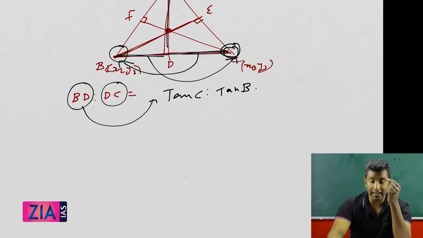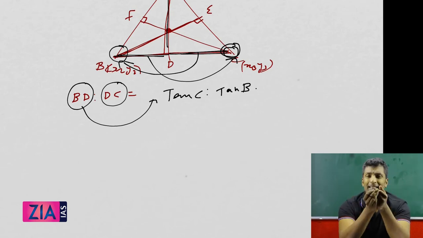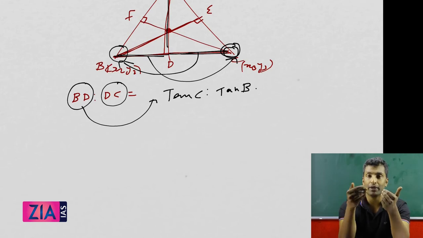So the altitude divides the opposite side in the ratio BD to DC. It is not necessarily B, D, C, it can be anything depending on the question.